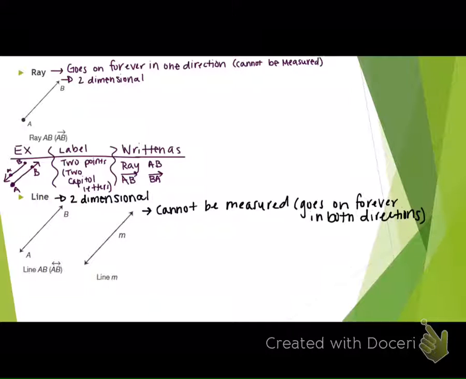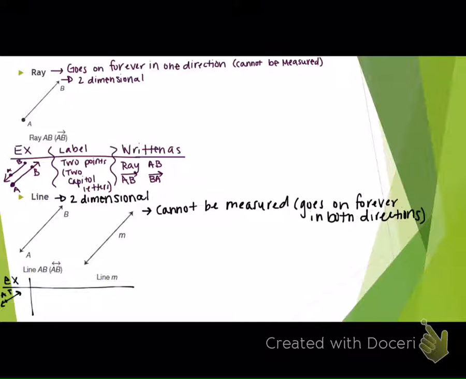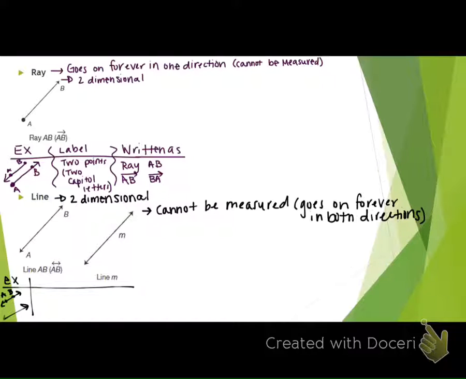So there's multiple ways of labeling a line. Let's do some examples here. The examples they have for you up there have points A, B, or just a line with an M, typically italicized if it is a letter. It's a lowercase.